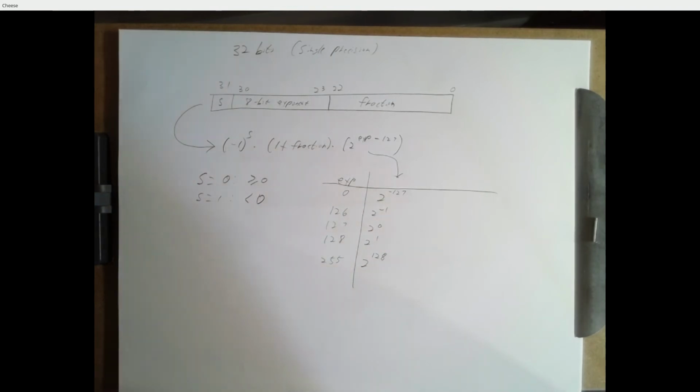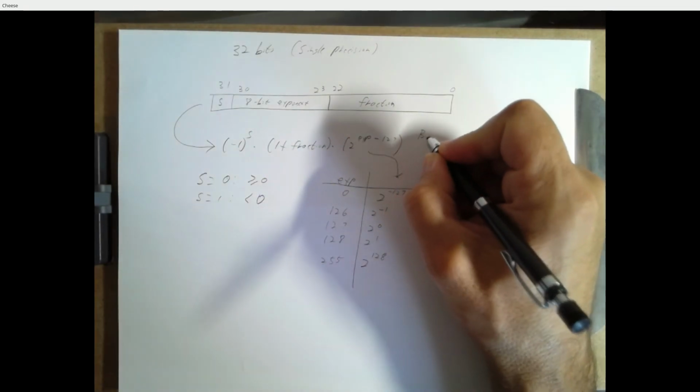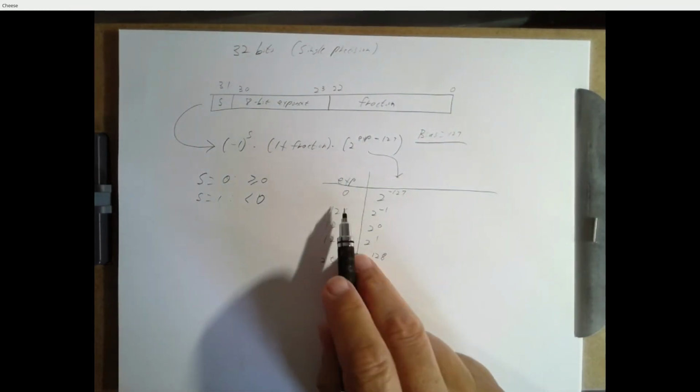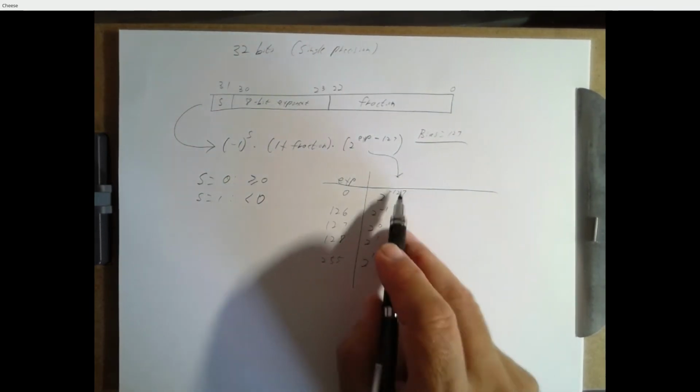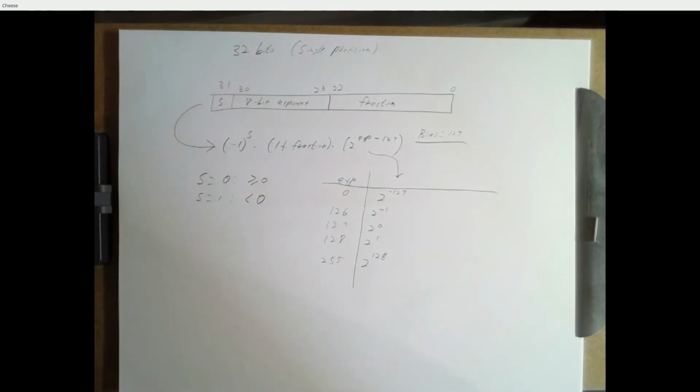So this is what we call an excess notation. We basically add this bias. Okay, so here's terminology. Bias equals 127. That's the amount that we're adding to the actual exponent to get the exponent that we store.